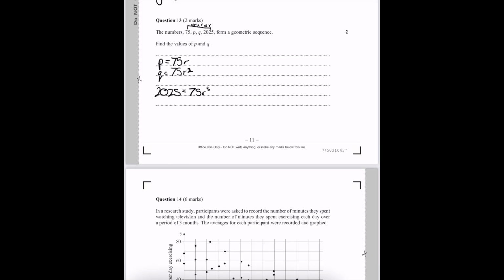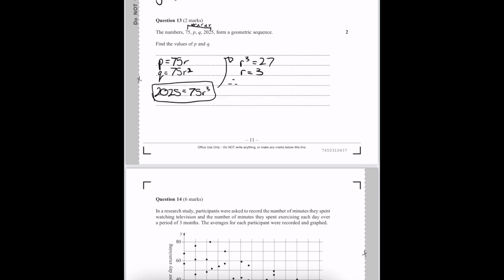All right, and now, using this equation here, we can solve for R, which then will allow us to get the values of P and Q. So R cubed is equal to 2025 divided by 75, which is 27. And then we take the cube root of 27 and we get that R is equal to 3.